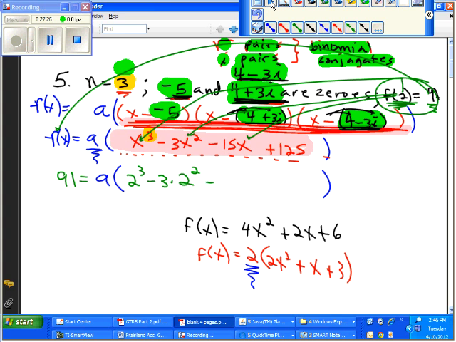So we're putting that 2 in place of x every time. Now, what's going to happen is if we put a 2 in place of x, we may not get a 91.